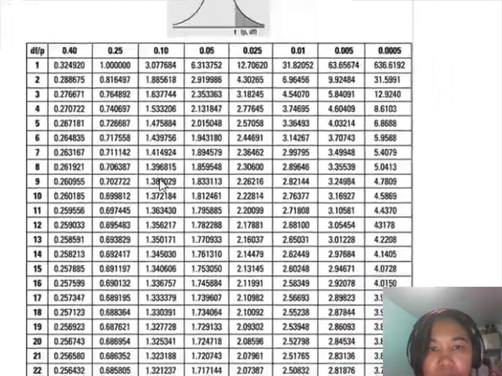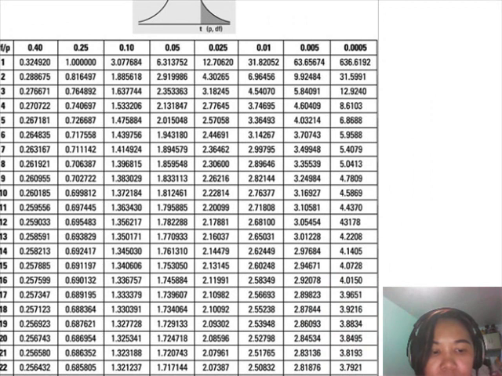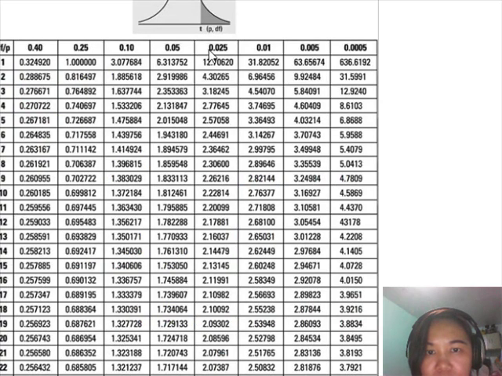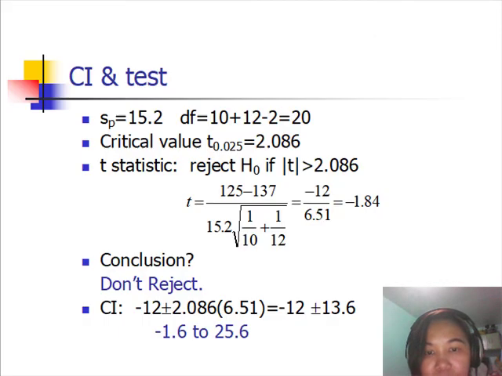We look into 0.025, and the DF is 20. So we have 2.086. That is why you have 2.086.